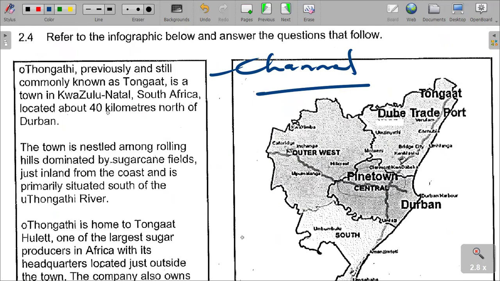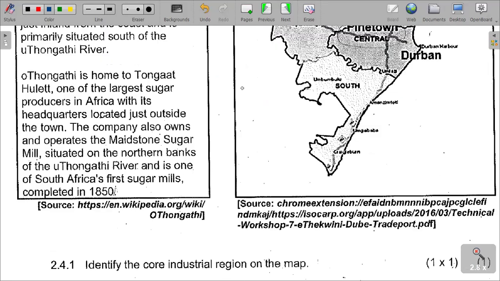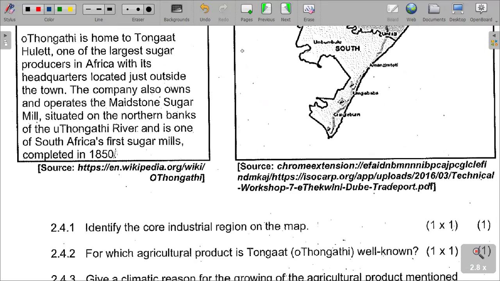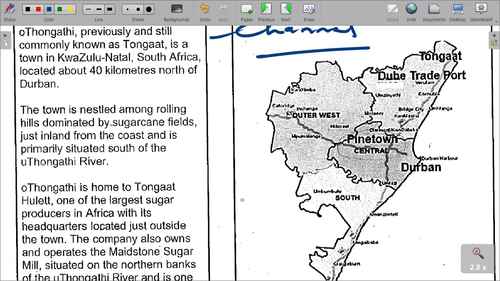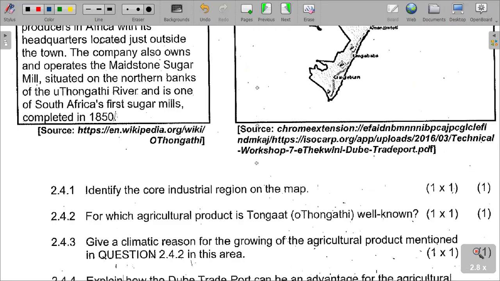So what we need to understand is the sweet hills north of Durban, the sugar rush. The question is saying identify the core industrial region on the map. You can see that the core industrial region is Durban-Pinetown, which is given there.